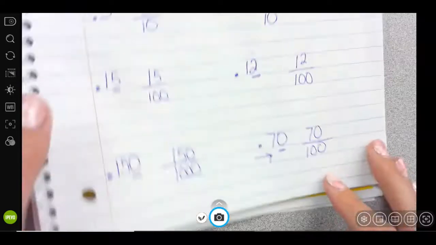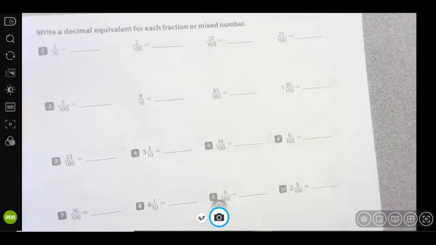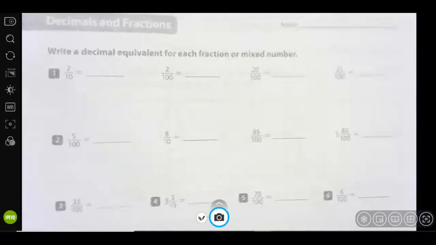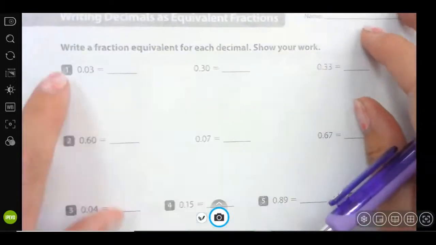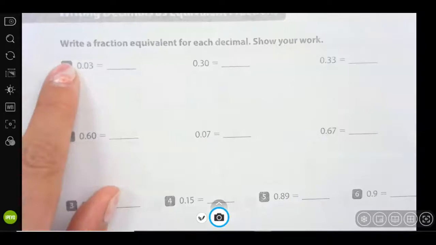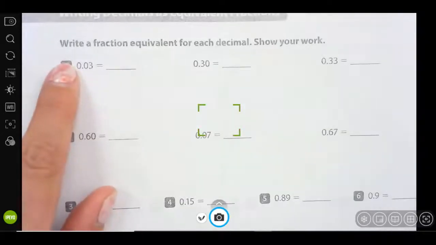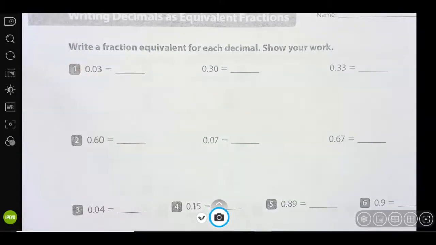Put these notes to the side, grab out your packet. Let's do a little bit in our packet together, okay? I'm going to go to this page. Give me a thumbs up when you're on this page so I know you're with me.